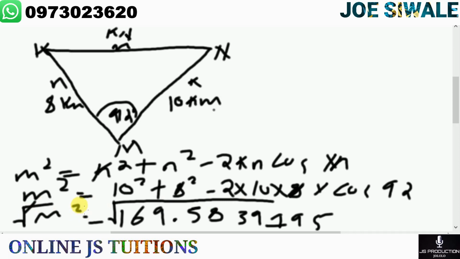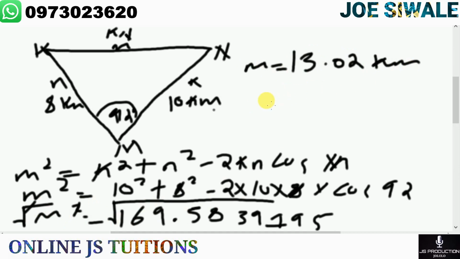The square root and the square cancel. So m is equal to the square root of 169.5839195, and I'm having 13.02 kilometers if I round off to 2 decimal places.